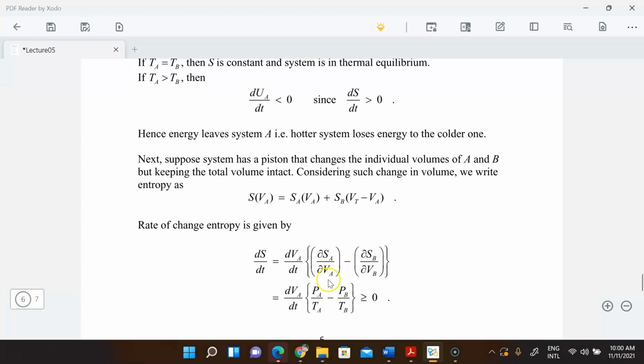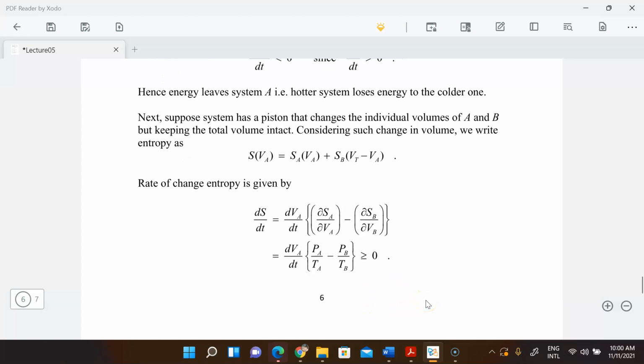And again, if you look at some of the first order derivatives that we have seen with respect to the thermodynamic variables before, this corresponds to the ratio of your pressure over the temperature. So you have that, and that has to be greater than or equal to 0.